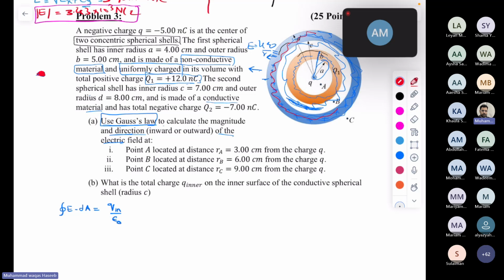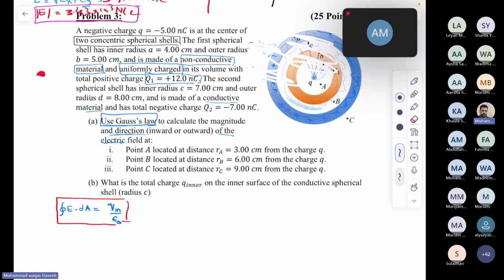Now, Gauss's law. For Gauss's law, we have to take a spherical surface which encloses the charge.